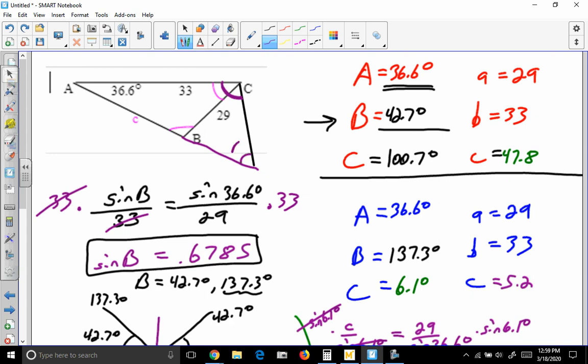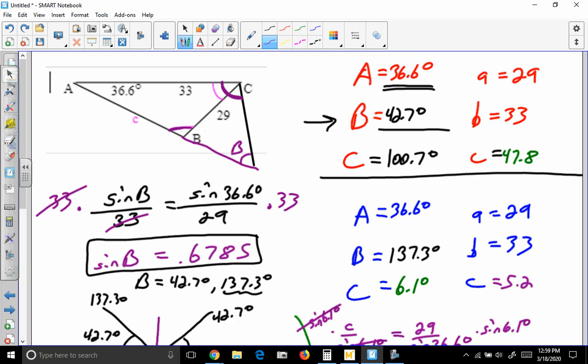And this is B. B is a smaller angle. So our first solution is actually this second picture. The original picture was actually from the first solution. B was obtuse and C was a little angle. The second picture, C is obtuse and B is the little angle.